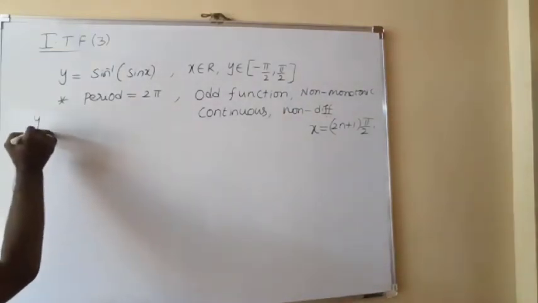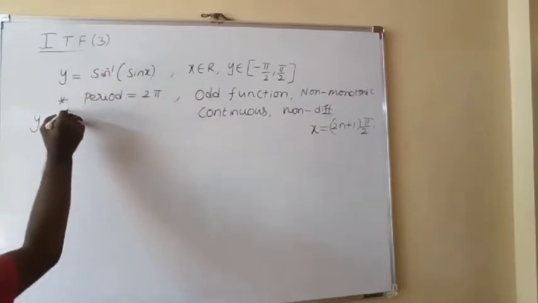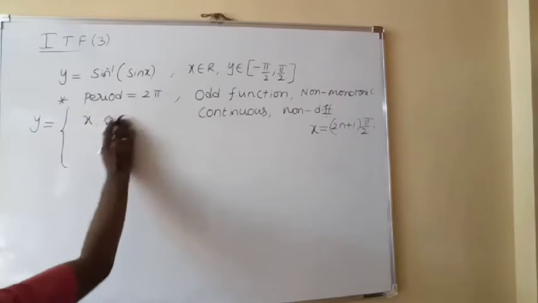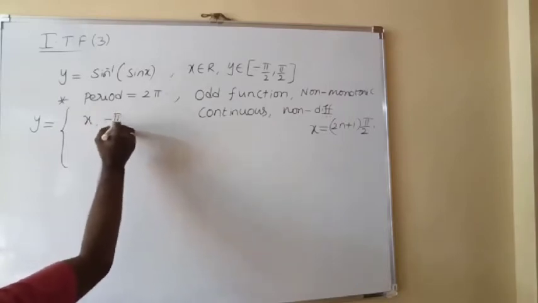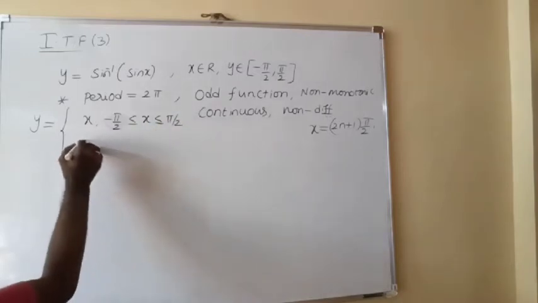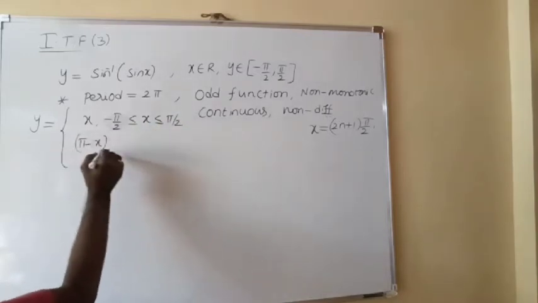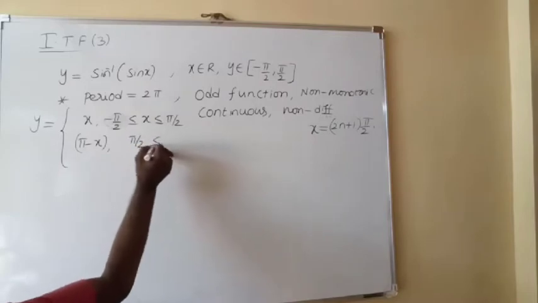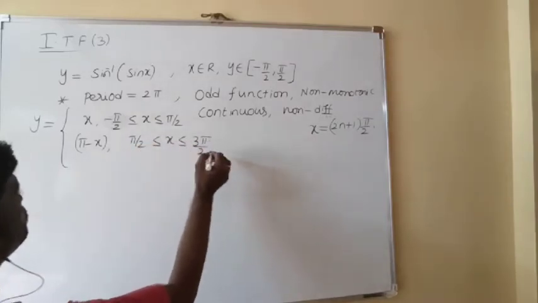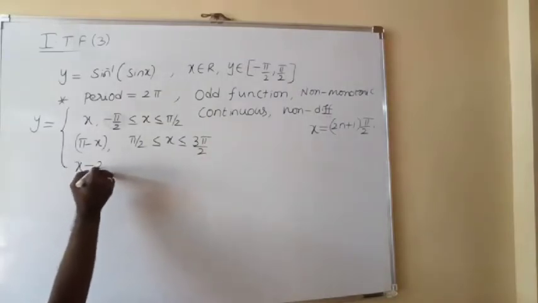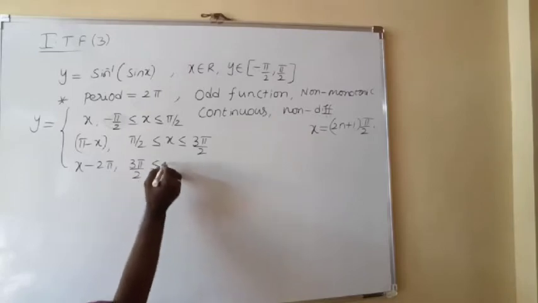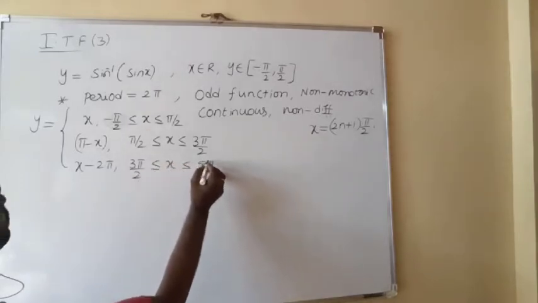So y is equal to sin inverse of sin x is equal to: x when x is lying between minus pi by 2 to plus pi by 2, pi minus x when x is lying between pi by 2 to 3 pi by 2, and x minus 2 pi when it is 3 pi by 2 to 5 pi by 2.